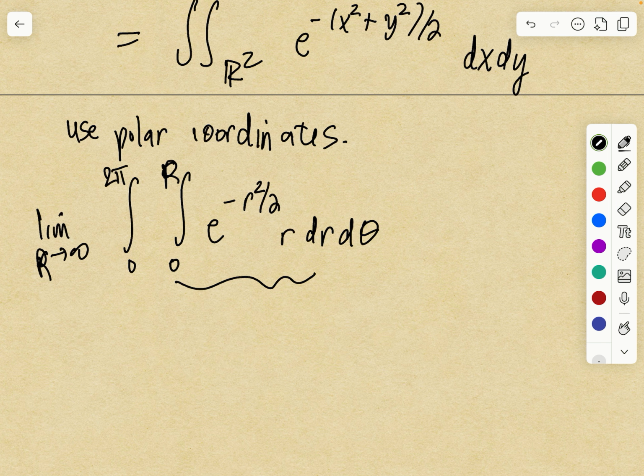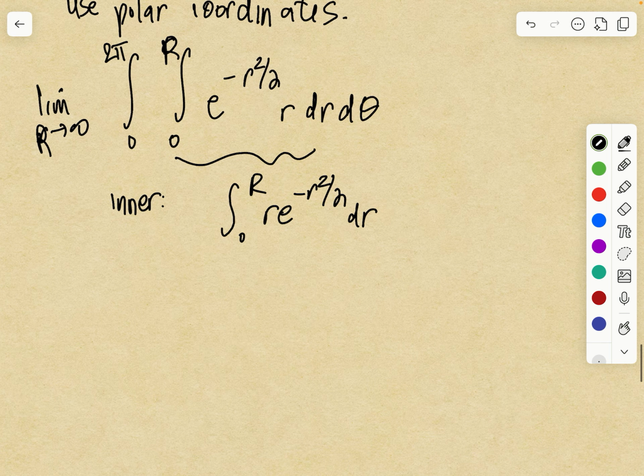let's see. The integral from 0 to capital R of r e to the minus r squared over 2 with respect to r, I can use a u substitution. u equals r squared over 2, and then du is r dr, right?